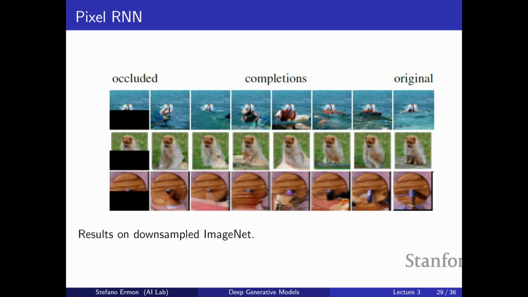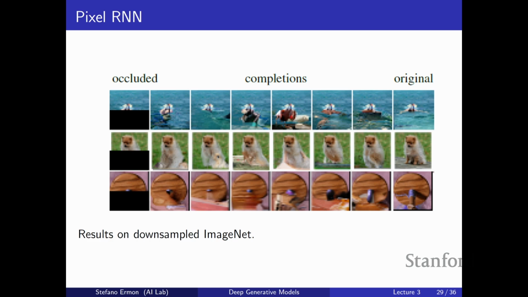These are some examples of the kind of results you can get from an RNN at the pixel level, trained on downscaled ImageNet. Again, you can see that these results are not great, but they're pretty decent.